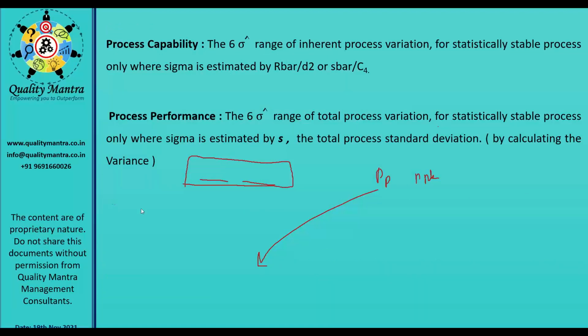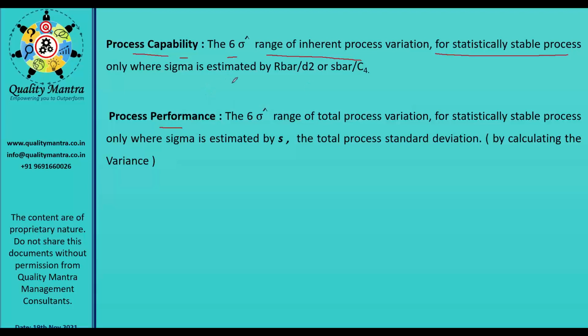Now, what is the process capability? We have seen the variation, this, that. Then what is the process capability? What is the process performance? The process capability is basically the 6 standard deviation range of inherent process variation, and it is for a statistical process only where sigma is estimated by R bar by d2 or S bar by c4.